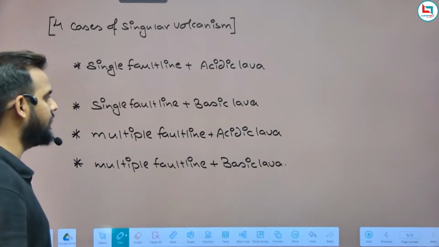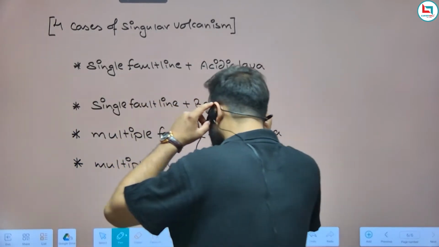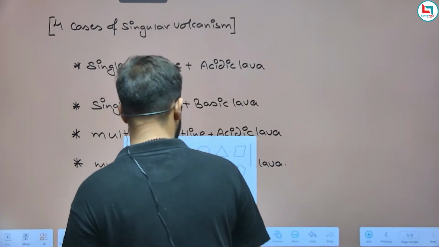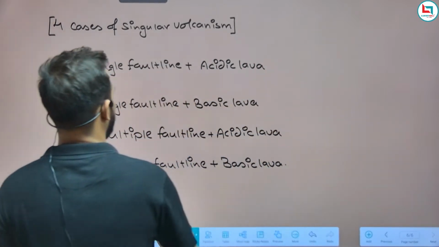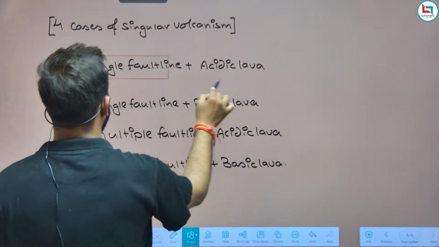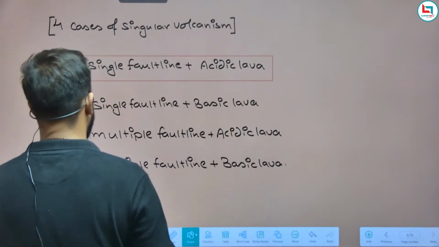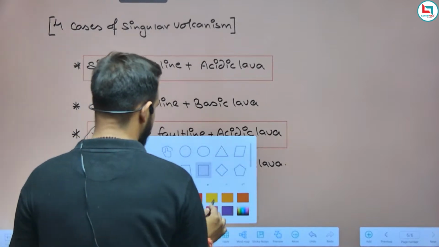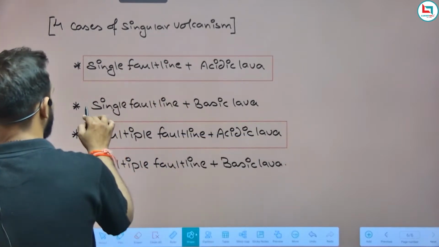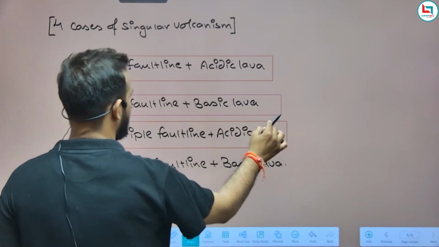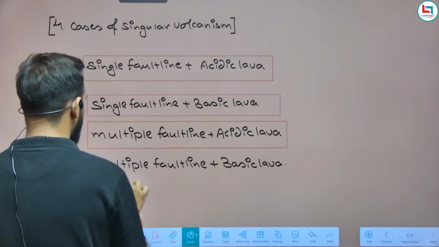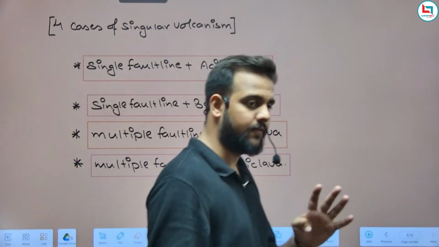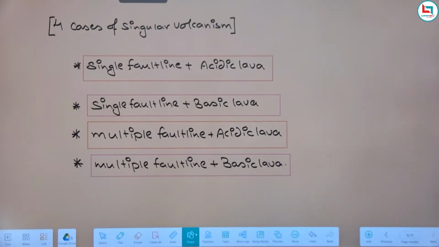So we have the four different cases. We have the single fault line acidic lava, multiple fault line acidic lava. Next cases are single fault line basic lava and multiple fault line basic lava. So we have the four different cases out there.